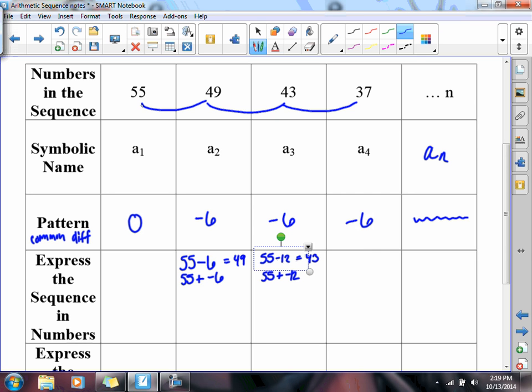Okay, and then what would I have to do to 55 to go all the way to 37? Well, I'd have to subtract 6 and then subtract another 6, so that's 12, and then subtract another 6, so that's 18. So to go from 55 all the way down to 37, I'd have to do 55 minus 18, which will get me 37.